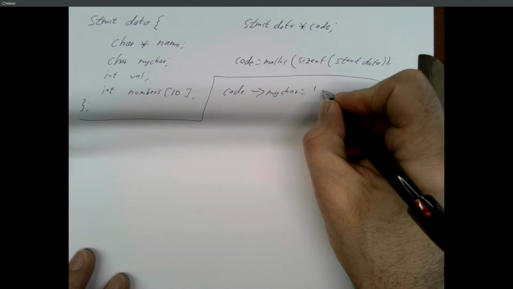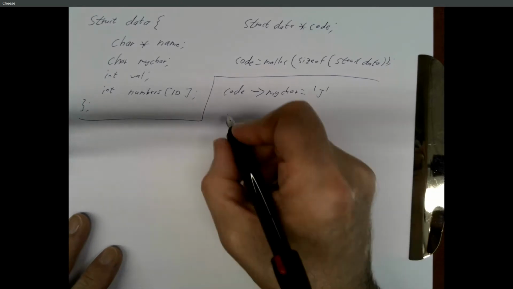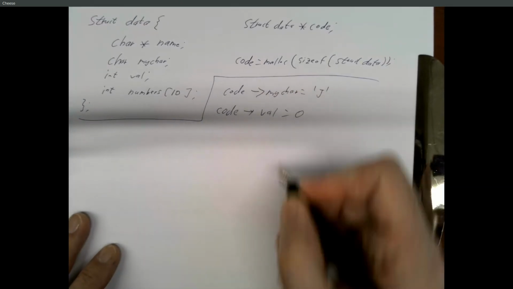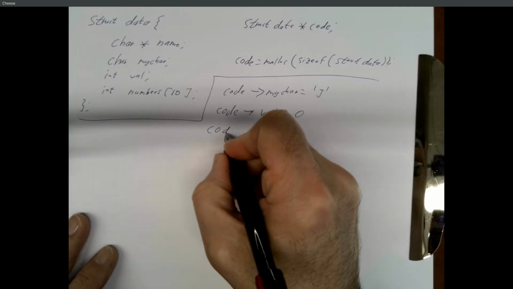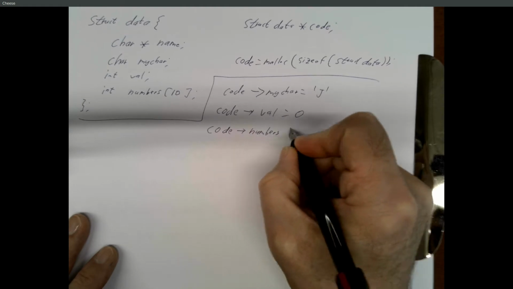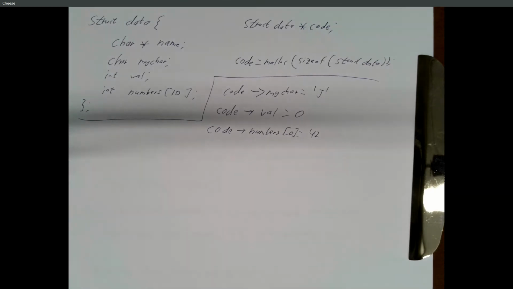So for a character, it's single quotation marks. For a value, it's just an integer. For the 2 array references, it's just like this. Right, and bracket 1 equals minus 999.